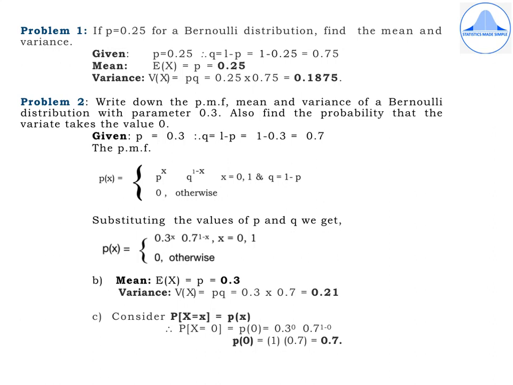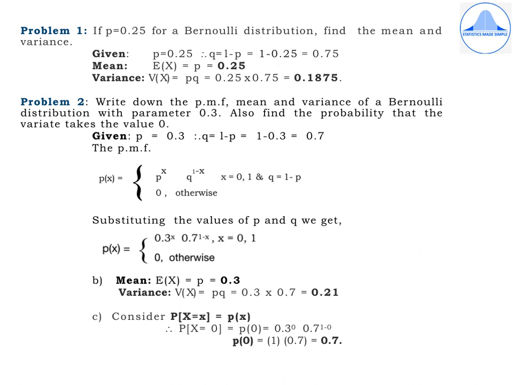So write the general format and then in that substitute the values of P and Q. So after the given step, I am writing the general format of the PMF, which is P of x equal to, open the flower bracket, P to the power x, Q to the power 1 minus x. Then write x equal to 0, 1 and Q is equal to 1 minus P. In the next line, write 0 otherwise.